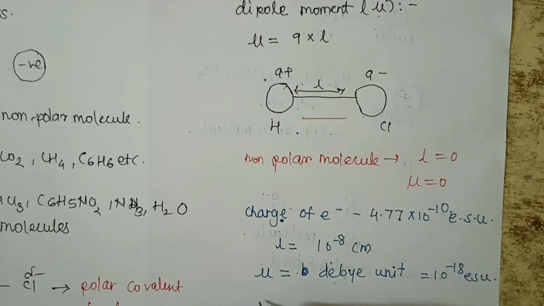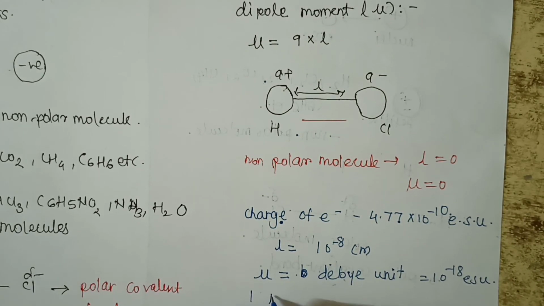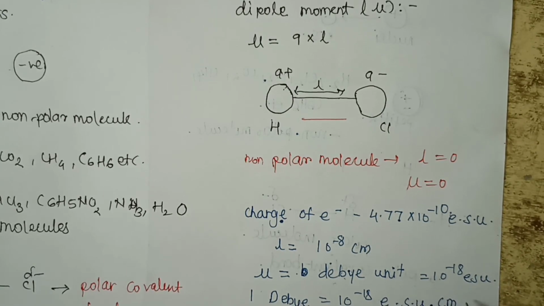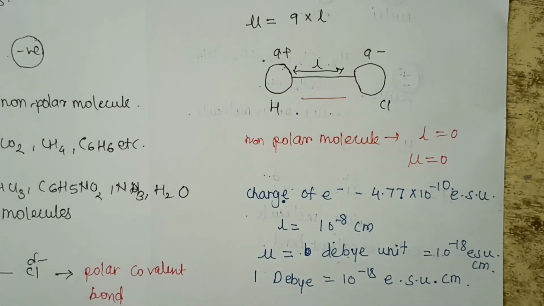So 1 Debye equals 10 to the minus 18 ESU centimeter. This is the unit.